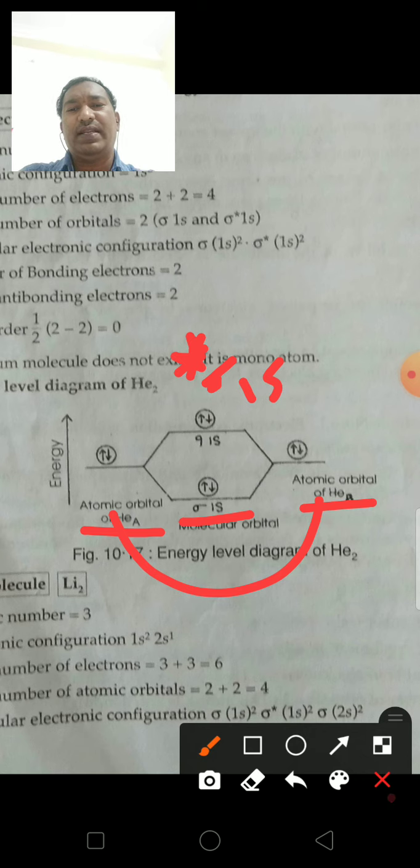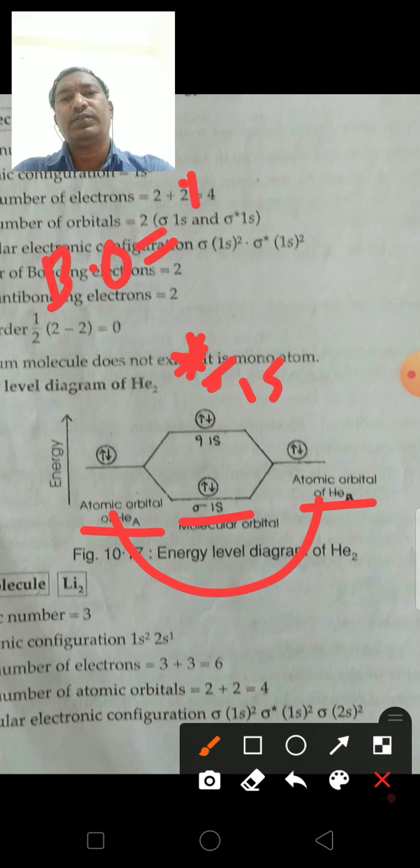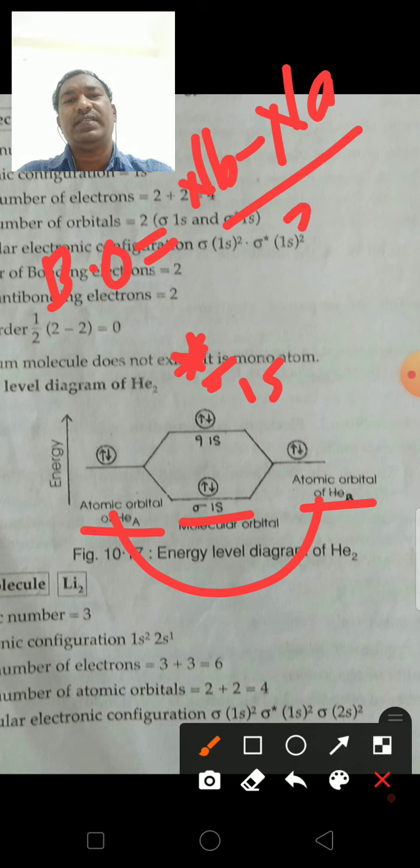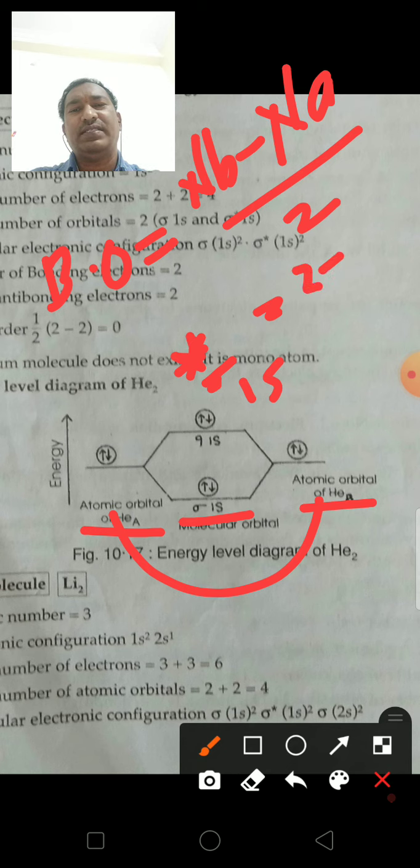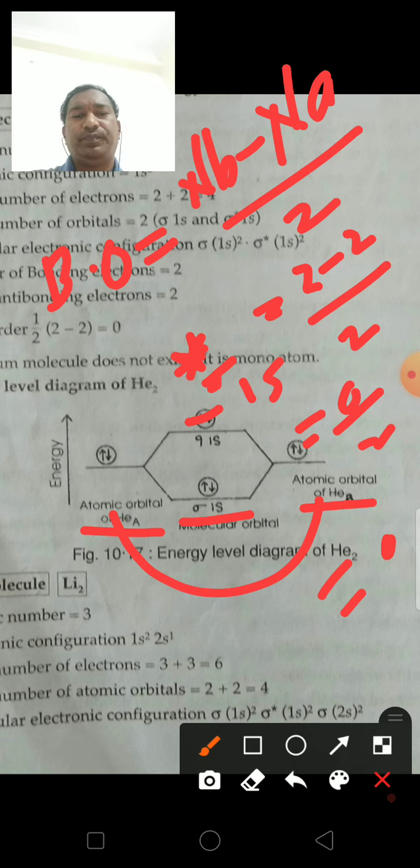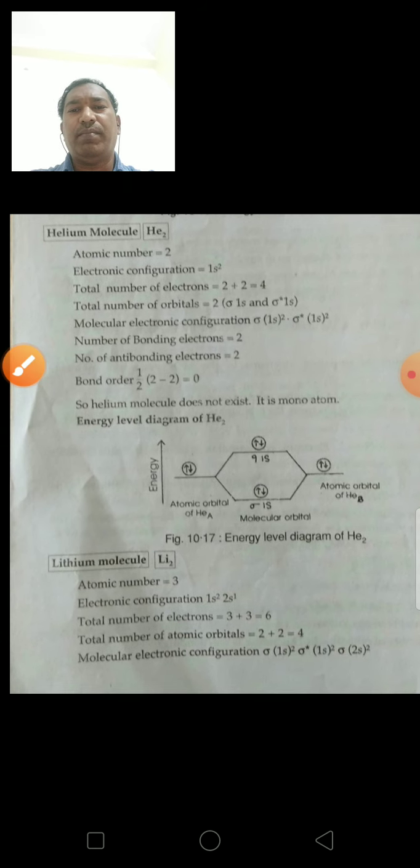Now calculate the bond order. Bond order is equal to Nb minus Na by 2. Here Nb means in the sigma 1s orbital there are 2 electrons, minus Na, the number of electrons in antibonding molecular orbitals, which is also 2. So 2 minus 2 by 2, that is 0 by 2, means 0. So the helium molecule bond order is 0.